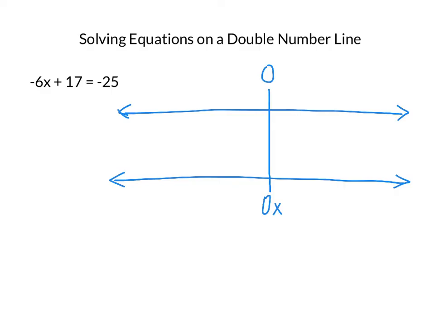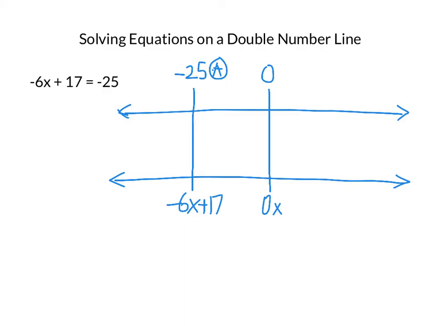Then, of course, negative 25. Since I'm going to have to subtract 17, I'm going to put it right about here. Negative 25 on the top, and on the bottom, negative 6x plus 17. And again, this is step A. The next step is to subtract 17.